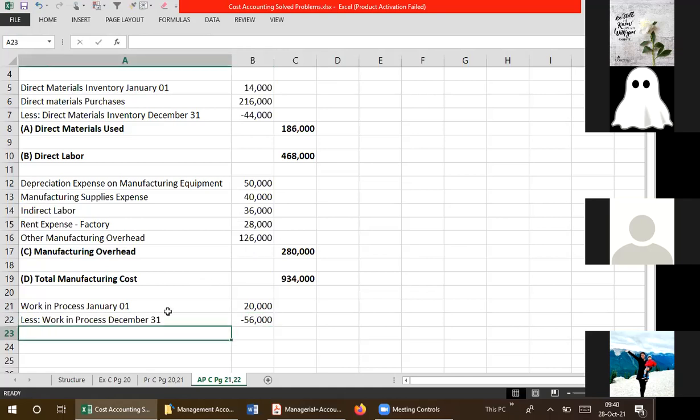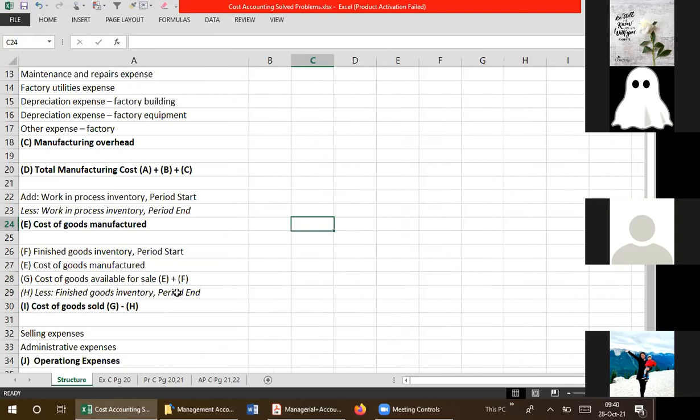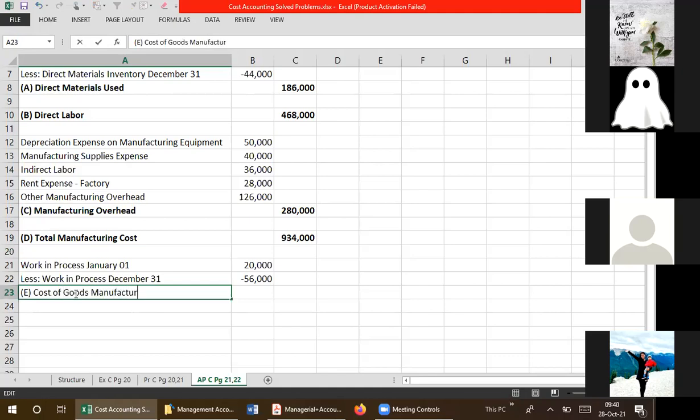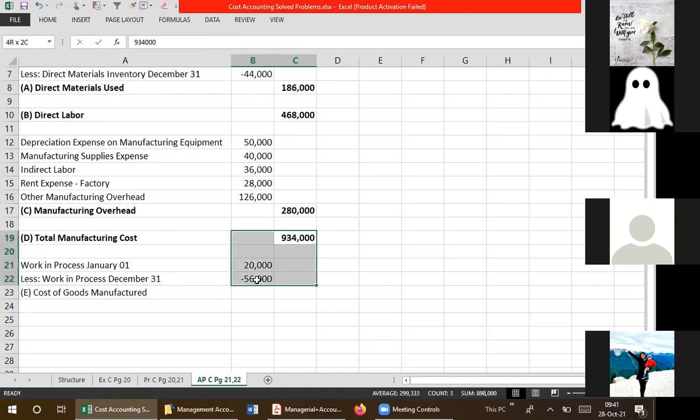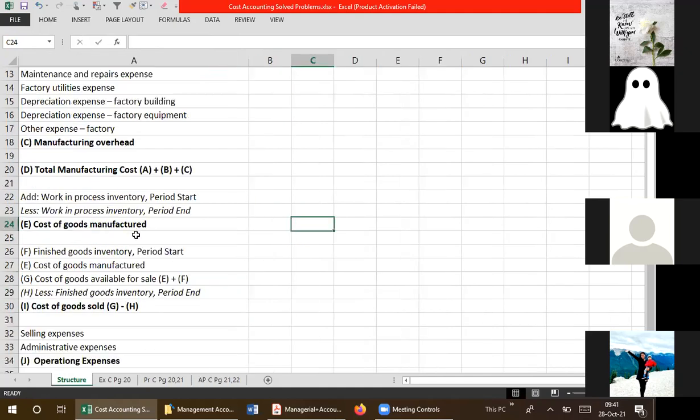So minus 56,000 gives us point E. Cost of goods manufactured, which is 800,000.